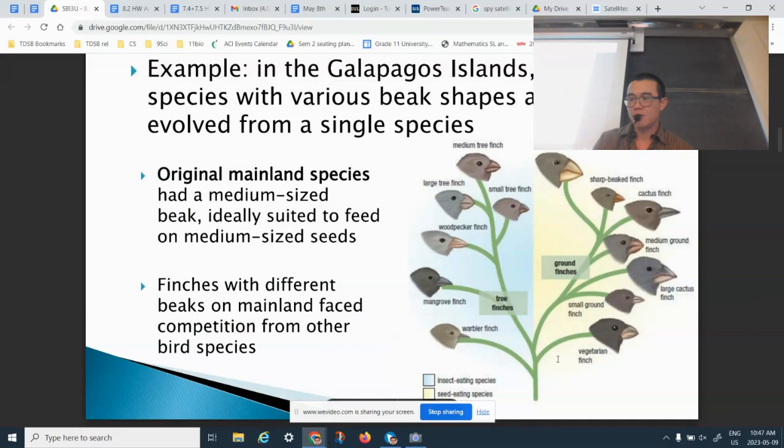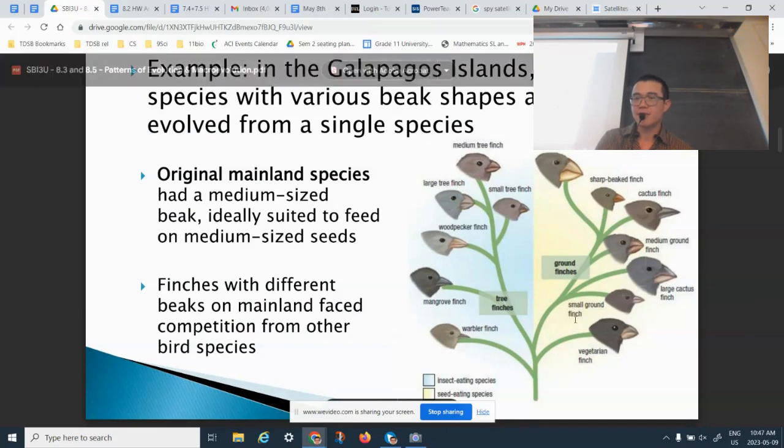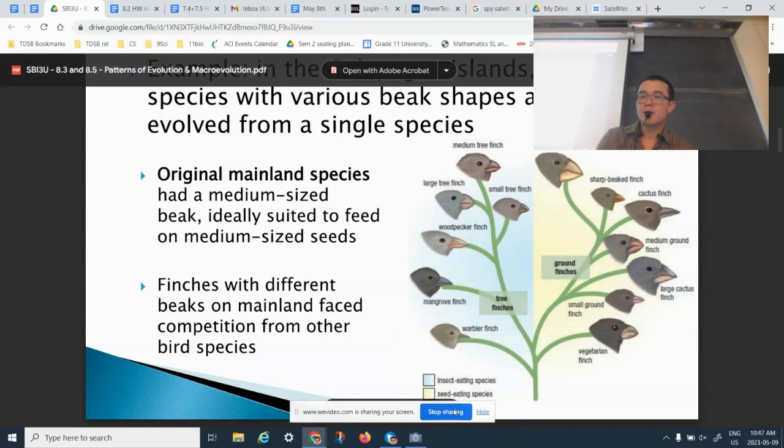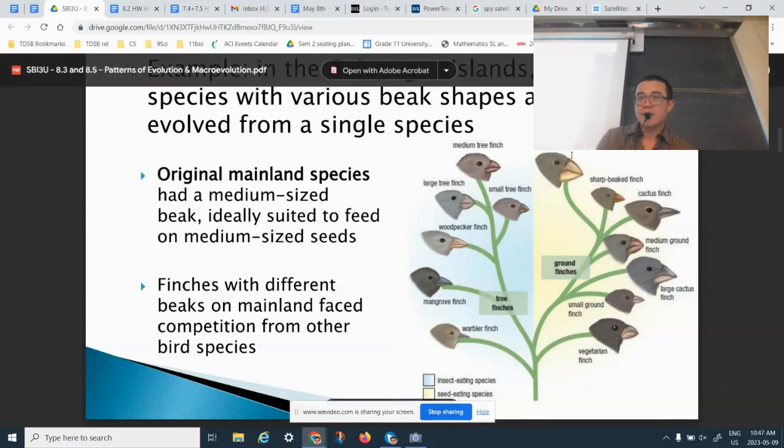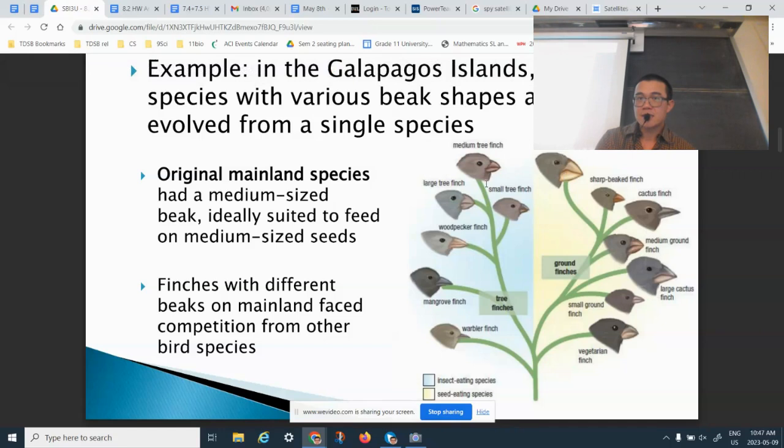So some of them will be more insect-eating species, and spend most of its time on trees. And some of them are more for eating seeds that are on the ground. Okay, so again, it depends on what the different seeds are that they eat. Then it develops even more. Okay?